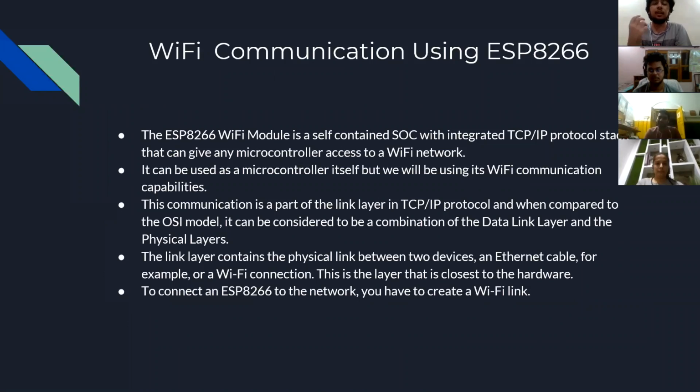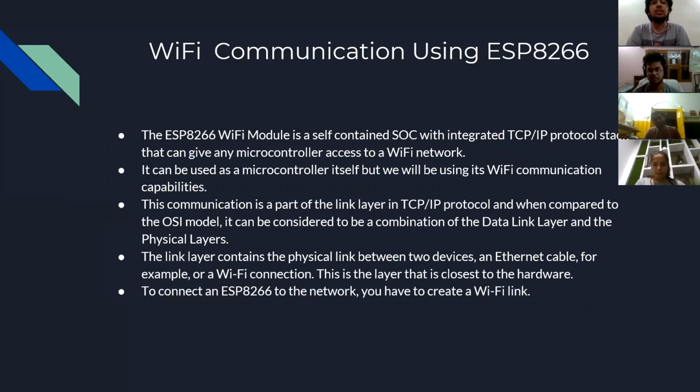So once we detect a face and we get a result whether this person is a valid user or not, we'll post it on the channel of ThingSpeak using the write API, and we'll get this information using the read API from the Arduino, and the communication between the Arduino and ThingSpeak will occur using this Wi-Fi module. Now, the ESP8266 Wi-Fi module is a self-contained SoC with an integrated TCP/IP protocol stack that can give any microcontroller access to a Wi-Fi network.